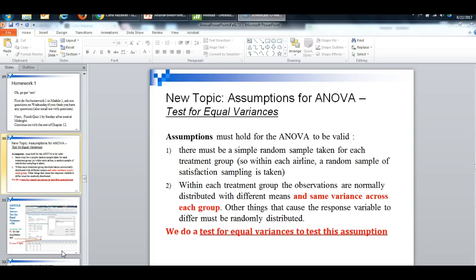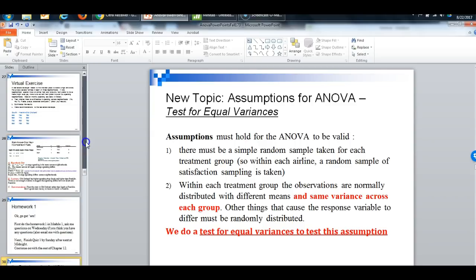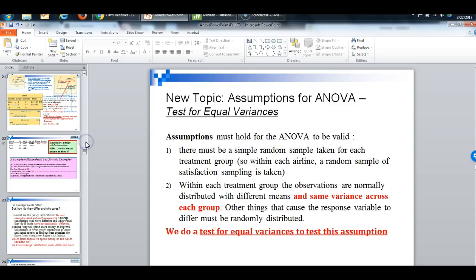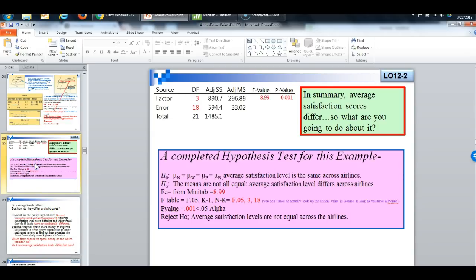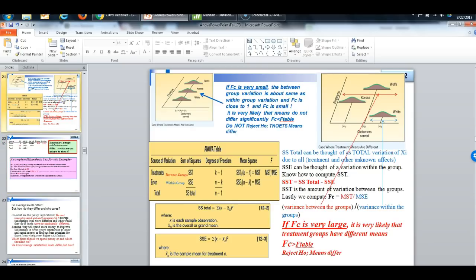Let me quickly review what we covered last time, just to get us up to speed. We learned how to run a one-way ANOVA and how to read the table, realizing that the F computed is a ratio of variances: the variance between groups compared to the variance within groups.